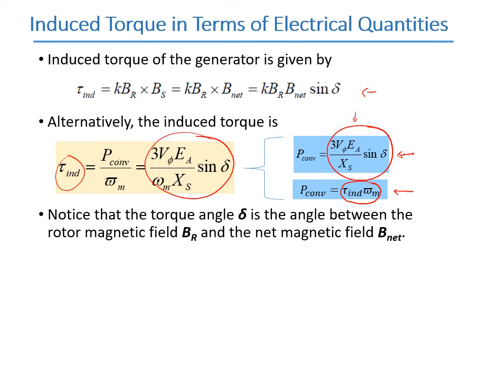Omega m is the speed, which is a common parameter in this system for both the prime mover and the generator. The other parameters in this expression are all electrical quantities, and therefore we can predict the value of the torque if we can measure all these parameters, which is a useful tool to know.